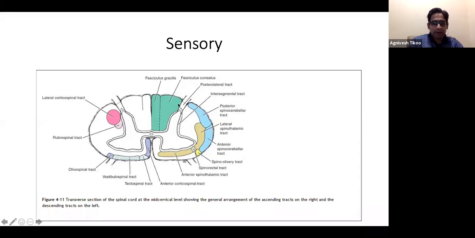And whenever you have a Brown-Séquard syndrome, where there is a hemitransection of the cord, a lesion involving one half of the cord, the lateral tracts cross. Which means that if you have pain coming from the right leg, that pain goes into the spinal cord, crosses over to the other side, and then goes up.